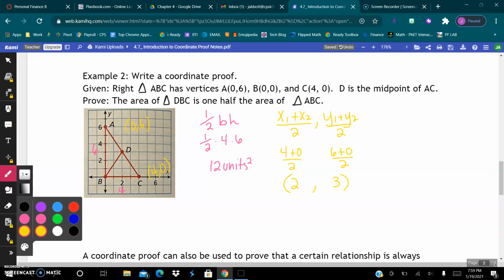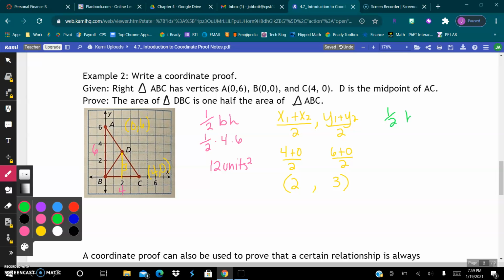So thinking about that, if we go over 2 and up 3, that means the height of this triangle would be 3. And then we can see that the base is 4 because that is on the axis, and we can use that.